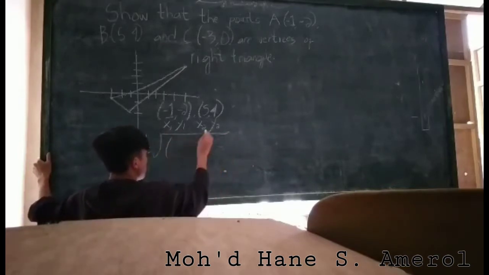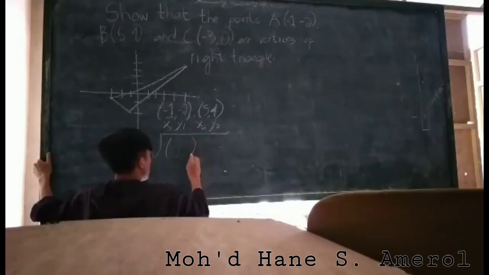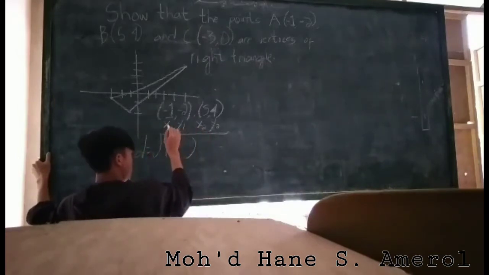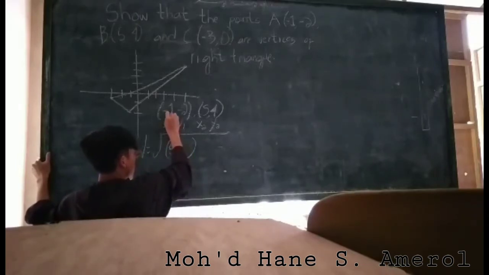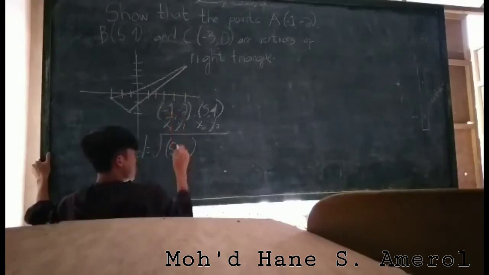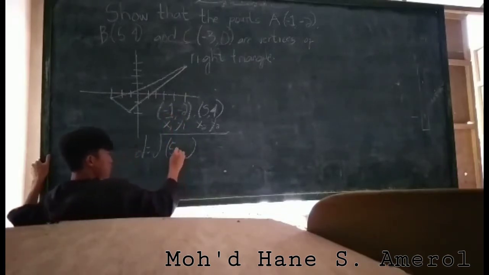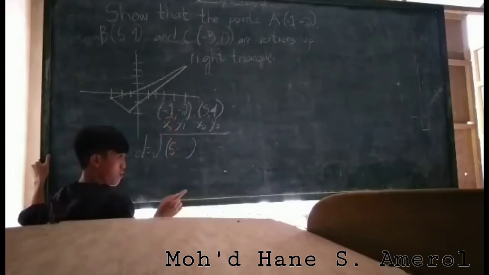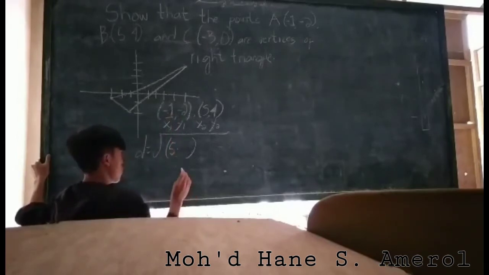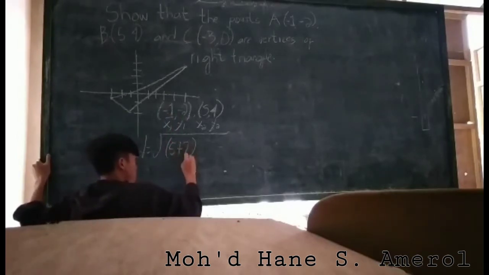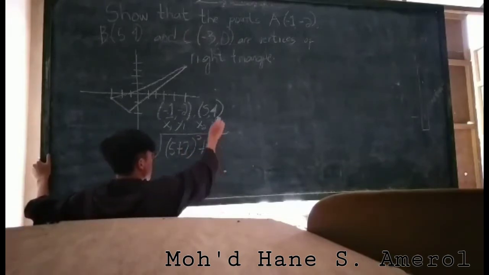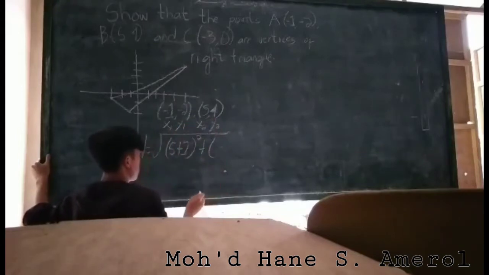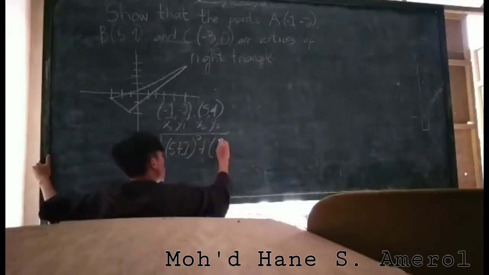Distance formula equals the square root of (x sub 2 minus x sub 1), so 5 is our x sub 2, and then negative 1. There is a negative here, so it becomes positive because negative times negative is positive, plus 1 squared, plus y sub 2 which is 4, and y sub 1 which is negative 2.